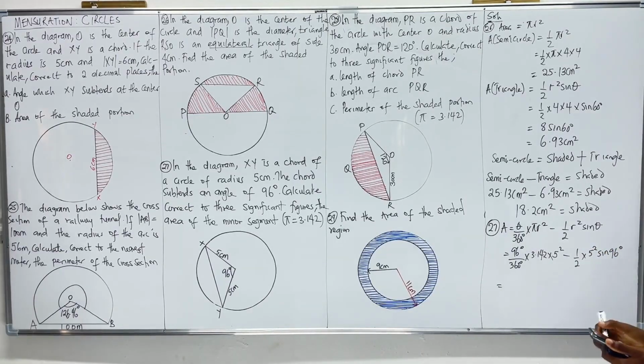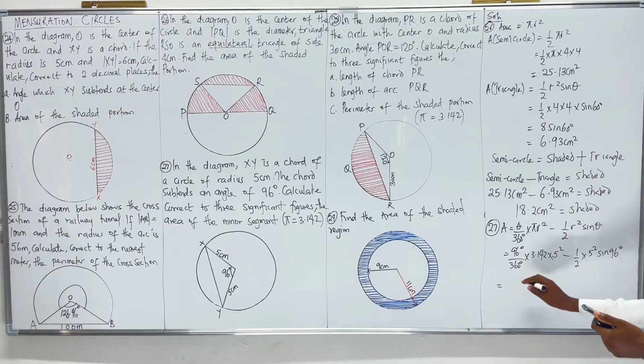All right, so calculator to the rescue. So we have 96 divided by 360 times 3.142 times 25. Okay, minus, let me do everything once. 0.5 times 25 sine 96.